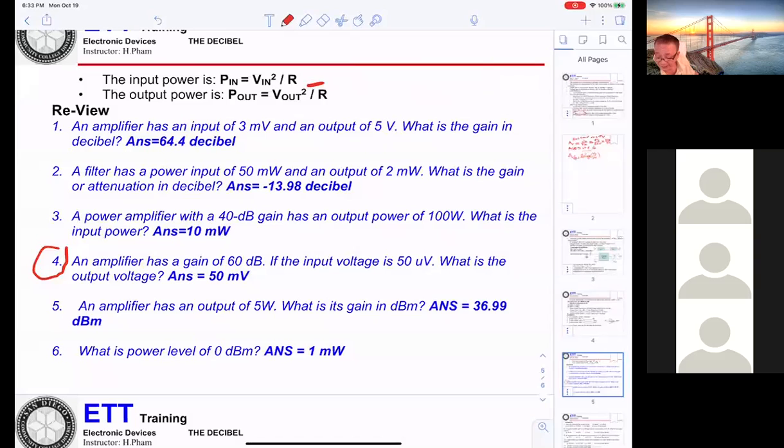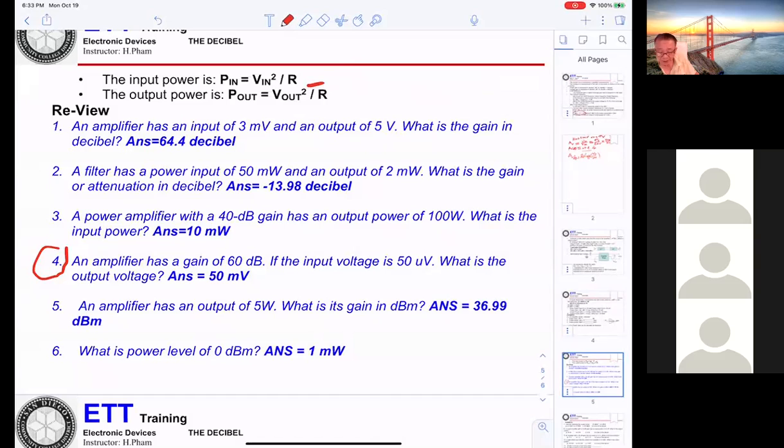So number 5 answer will be 36.99 dBm. I concur. You get that? Yes. Okay.